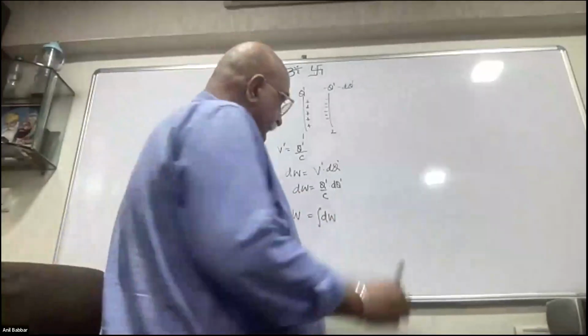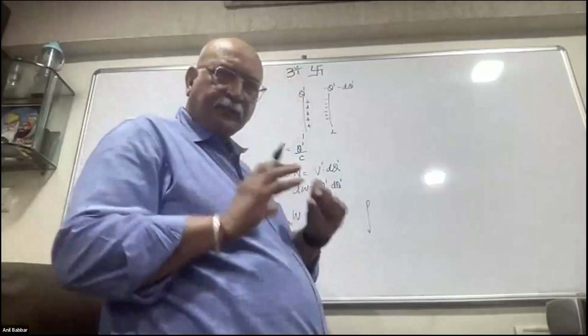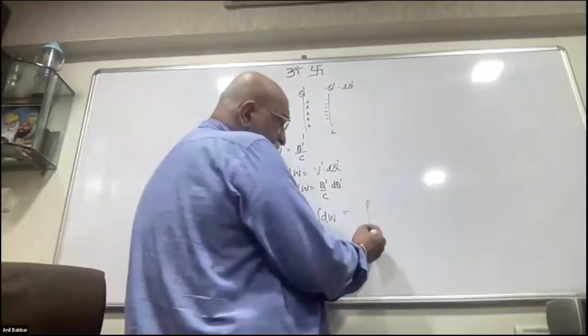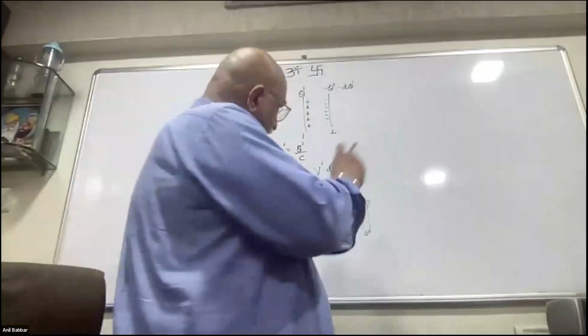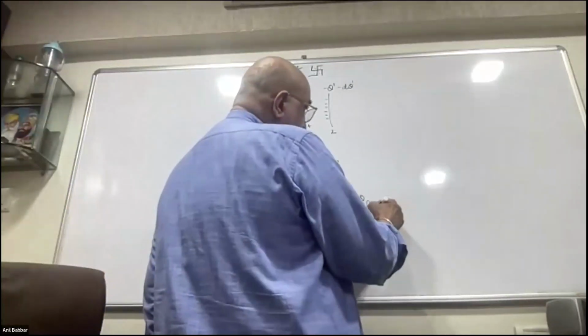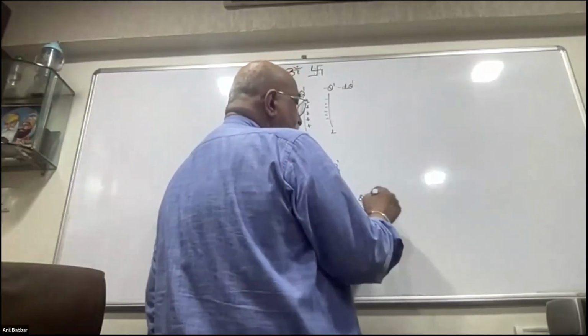Integrating dW from 0, initially it was not charged, to Q, now it's fully charged. We have the value Q'/C into dQ'.